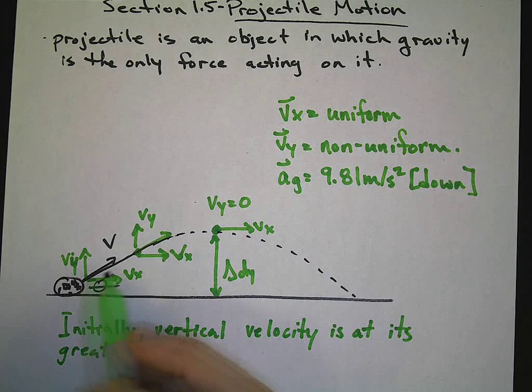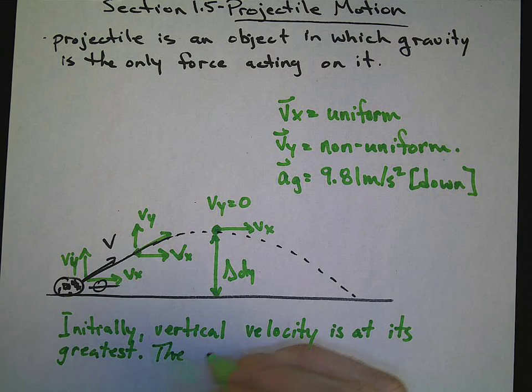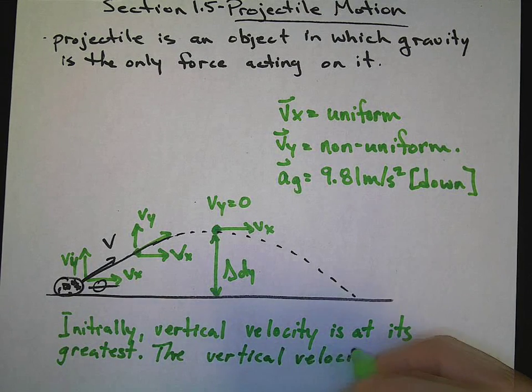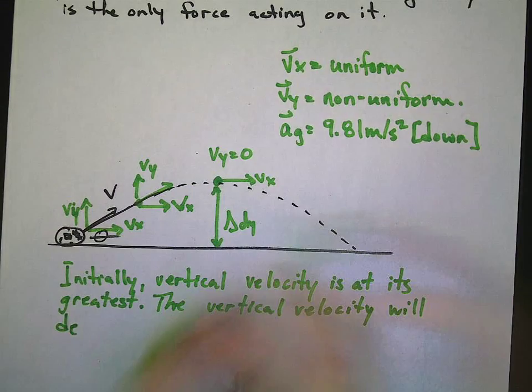As we get more and more into the trajectory, the vertical velocity will decrease until we hit the highest point and hit 0.